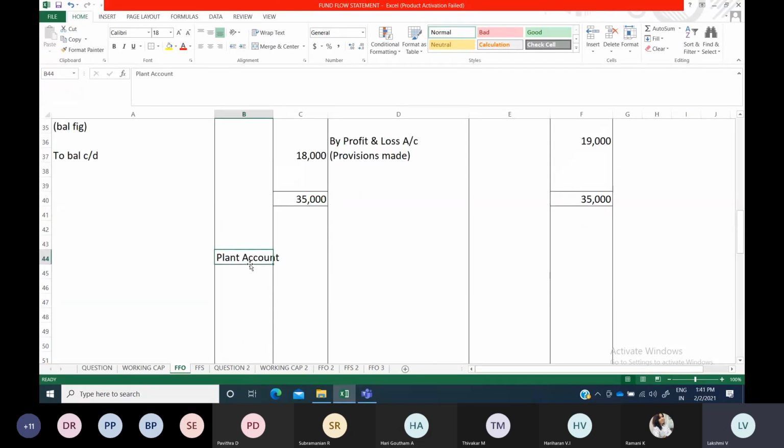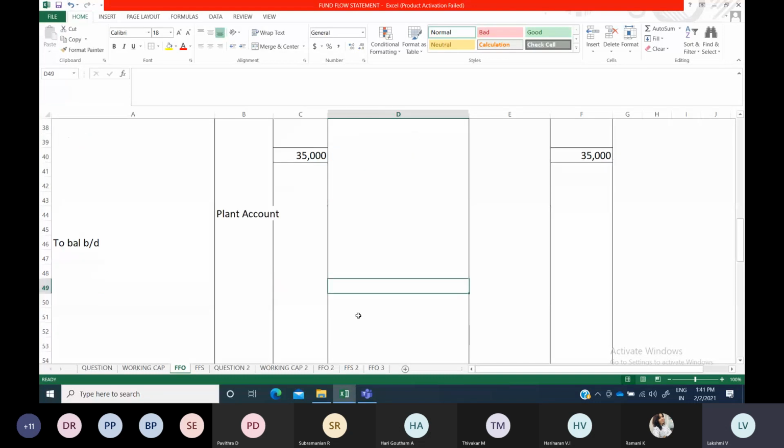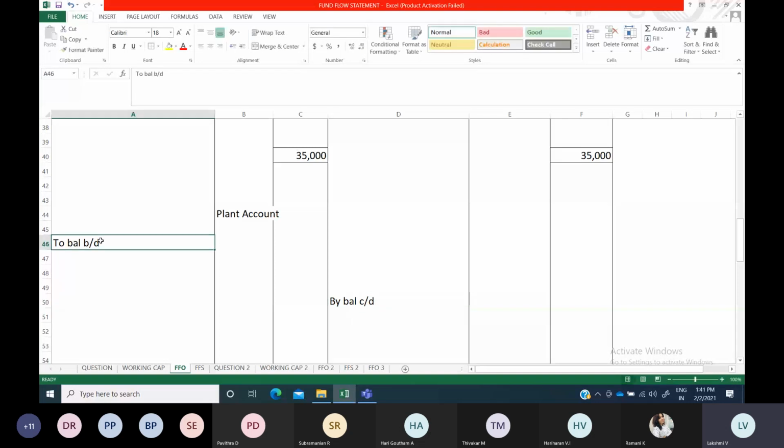So for an asset, the opening balance will come on the debit side only. To balance brought down, opening balance means balance brought down, you have to write. Closing balance means balance carried on. Give some space, not more, less space is enough. So this will be your opening and this will be your closing.